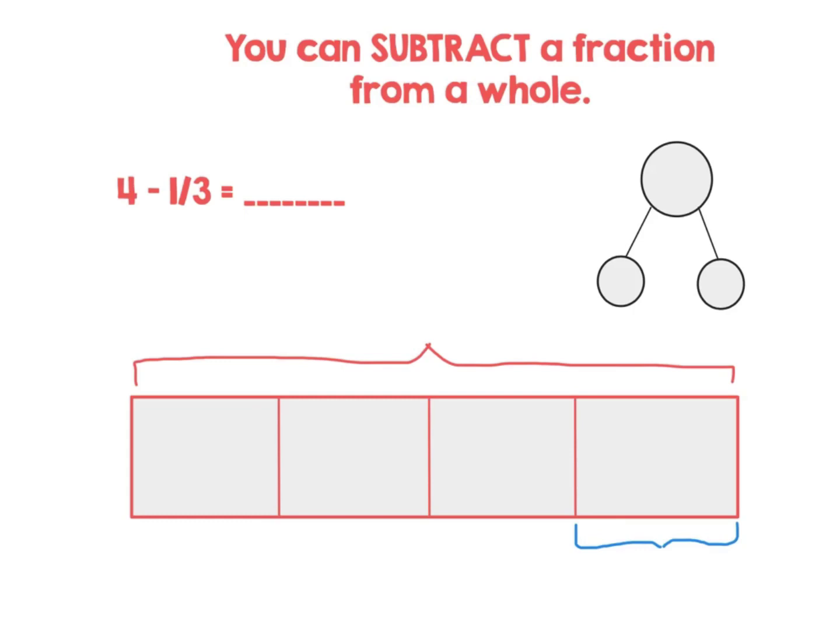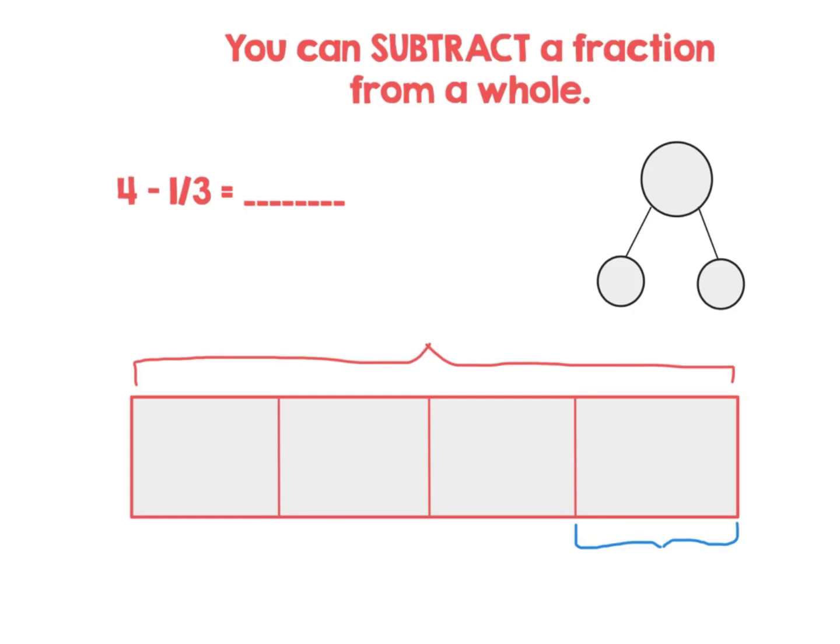All right, we are now going to subtract a fraction from a whole number. So I'm going to subtract 1/3 from 4. Now, let's pretend I'm making a recipe and I need 4 cups of flour and I want to get rid of 1/3 of a cup of flour. So I'm going to say, I know that this is 1 whole, 2 wholes, 3 wholes, 4 wholes.